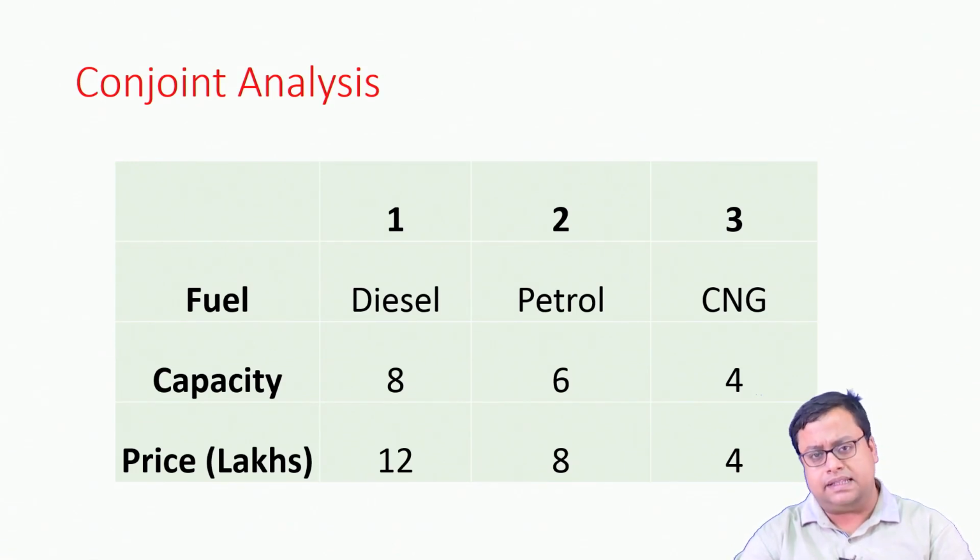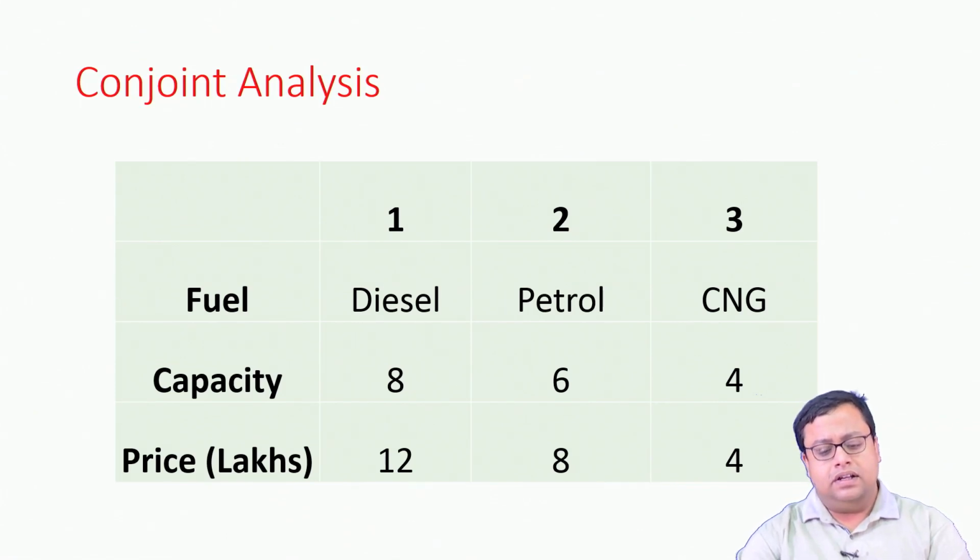Whatever be the case, in this particular case I have taken price. And these are the 3 levels. My levels are very objective, concrete in nature. There is nothing where you can say there is some ambiguity. Diesel, you know what is a diesel engine, you know what is a petrol engine, or a CNG.